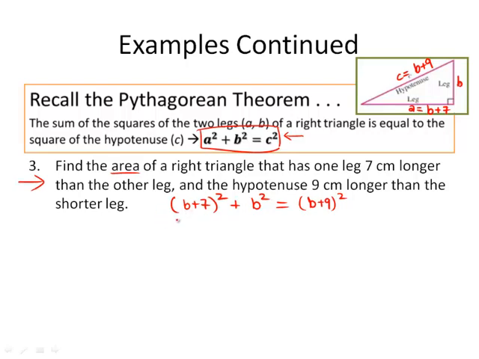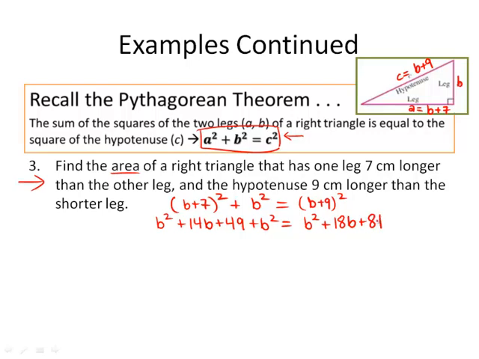So recall that if you expanded the perfect square trinomial, you could use the special formula, or you could make two brackets and open it up. You'll get b squared plus twice b times 7 is 14b plus 7 squared, 49, plus b squared. And similarly, we expand the b plus 9 all squared, giving us b squared plus 18b plus 81.